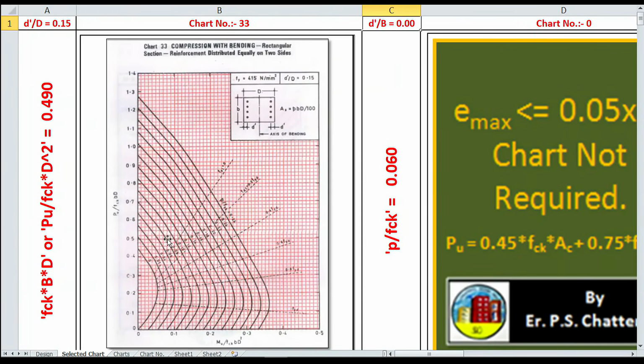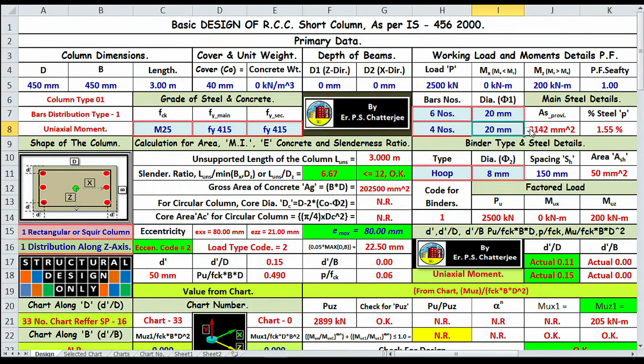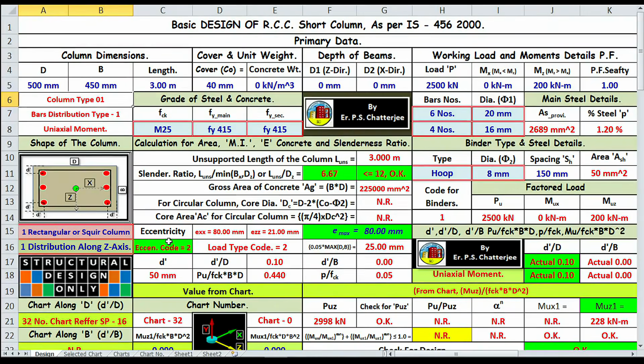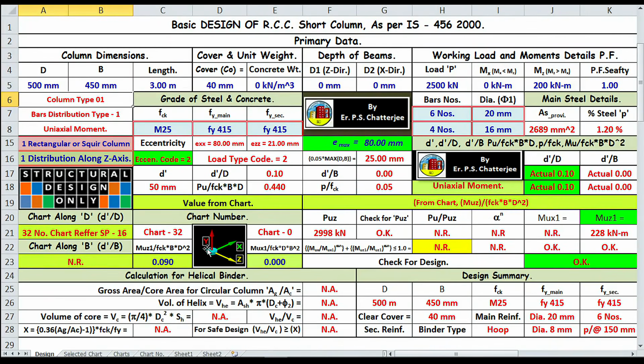This is 6, 500.44 and 0.05.44. That means here 0.05. Look here 0.09. Design is okay.